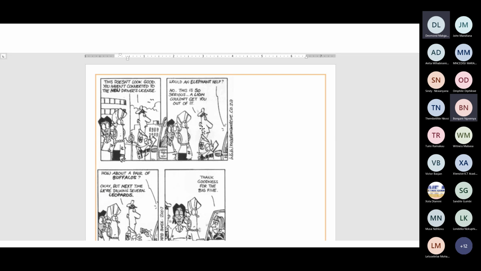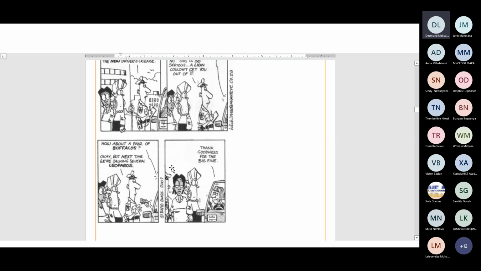For example, the buffalo is known to be on the 100 rand, the leopards are on the 200 rand. And then they make fun of the point by saying, thank goodness for the big five. Further emphasizing that actually the big five from the 10 rand to the 200 rand is on the note.